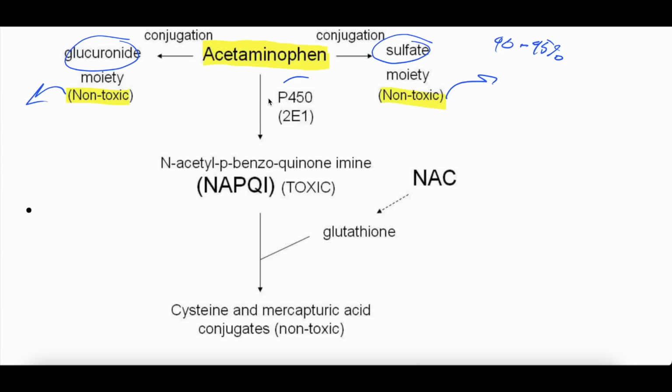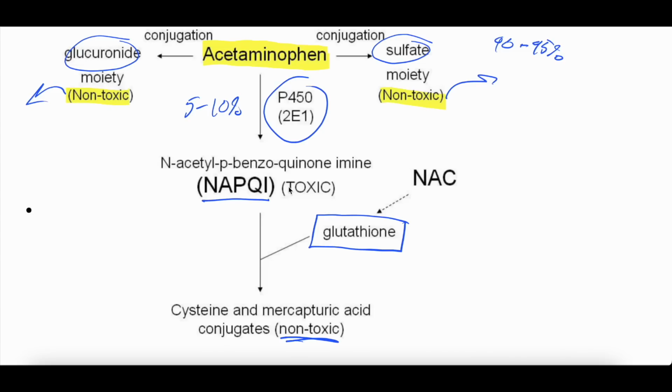But about 5 to 10% of the Tylenol you take is metabolized through the CYP2E1 pathway into NAPQI, which is toxic. In a normal person, there's not a ton of that NAPQI, and our glutathione detoxifies it into a non-toxic second metabolite, cysteine, mercapturic acid, all that stuff, and then it's just excreted.